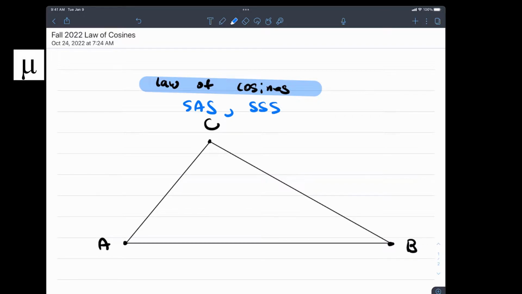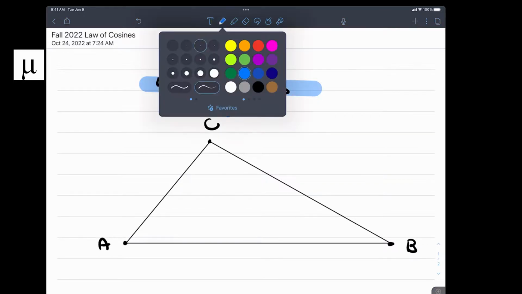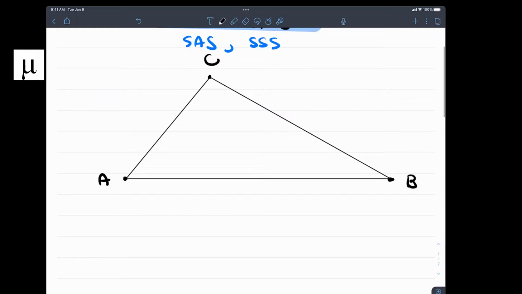Okay, and so we got this portion here called little c, little a, little b.